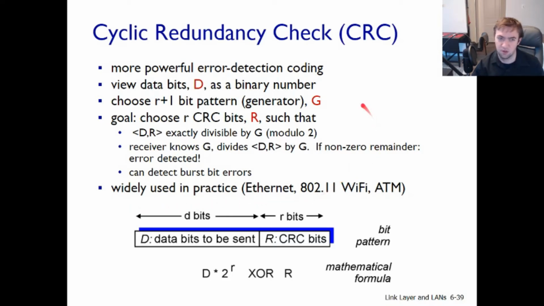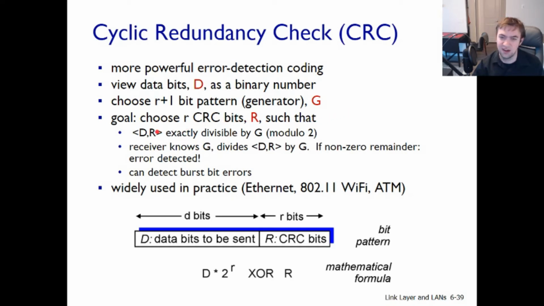The way this works is that you take your data bits, represent them as a binary number, and you choose something called a generator, which is a bit pattern that starts with a 1 and has a format that the sender and the receiver both can agree on. When you have your generator, you then choose R bits, capital R, of size lowercase r.